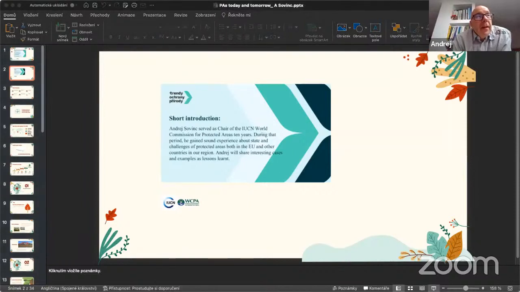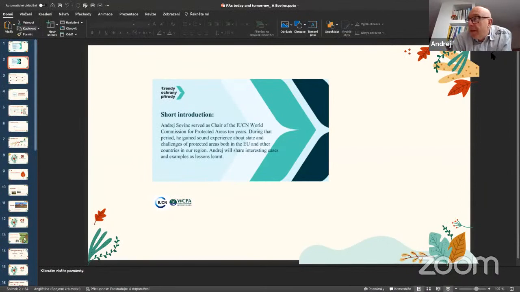I'm especially happy because the Czech Republic is used as a synonym for recognizing long-lasting efforts, we can even say a system of protected areas. There are some very well-known protected areas at the European level. I won't mention those by name.